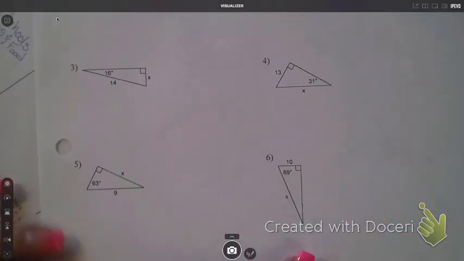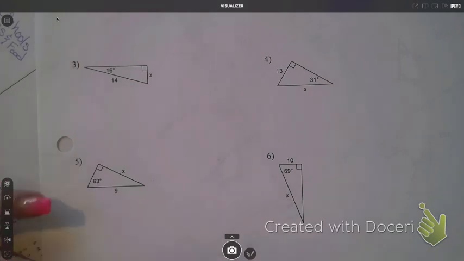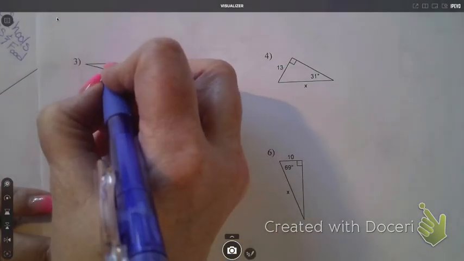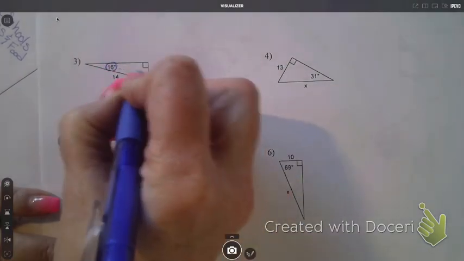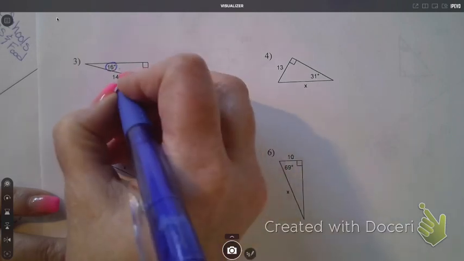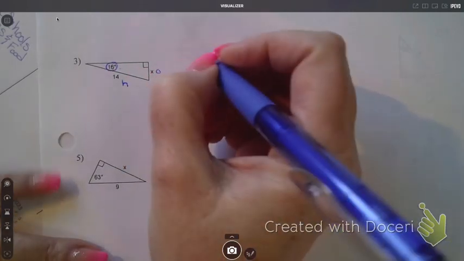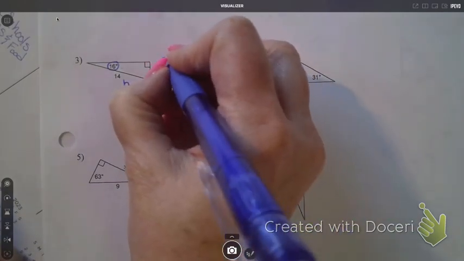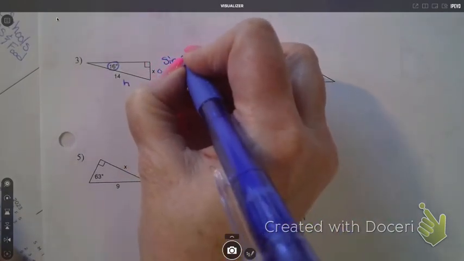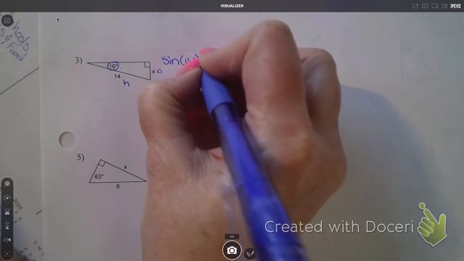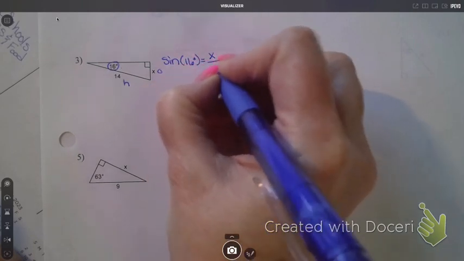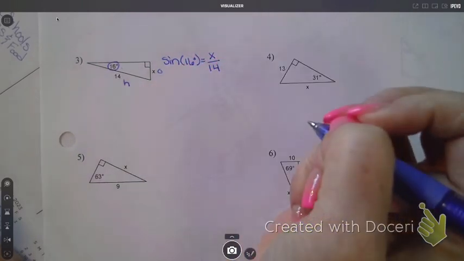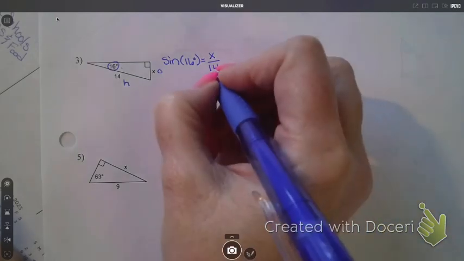So 3. Circle your 16 and O and H, 14. So what's O and H? Sine. So sine of 16 degrees equals X over 14. And you have to align it, and then not divide it, multiply.